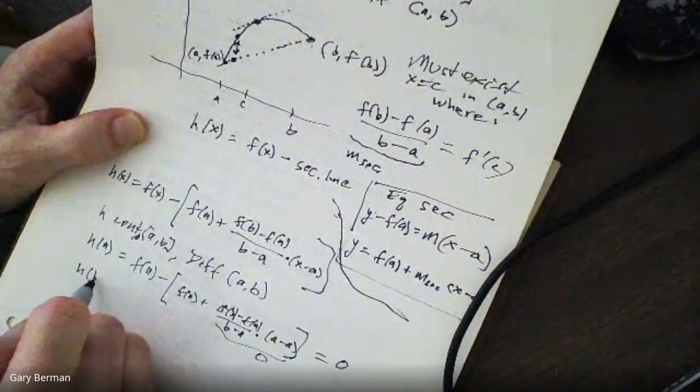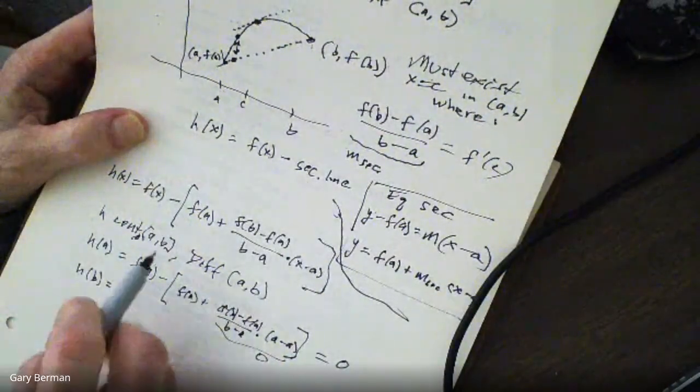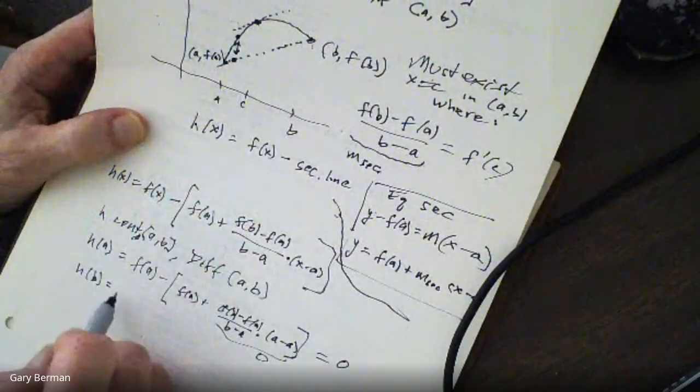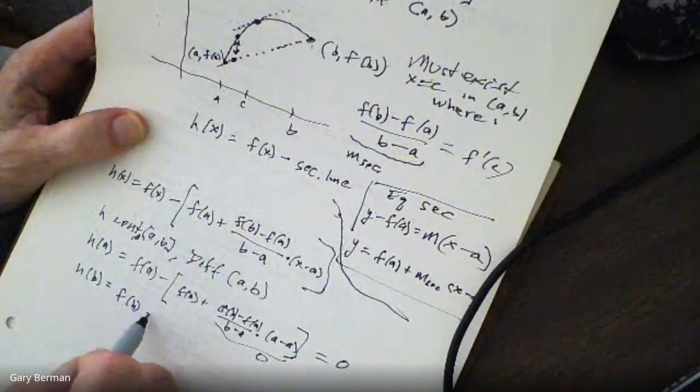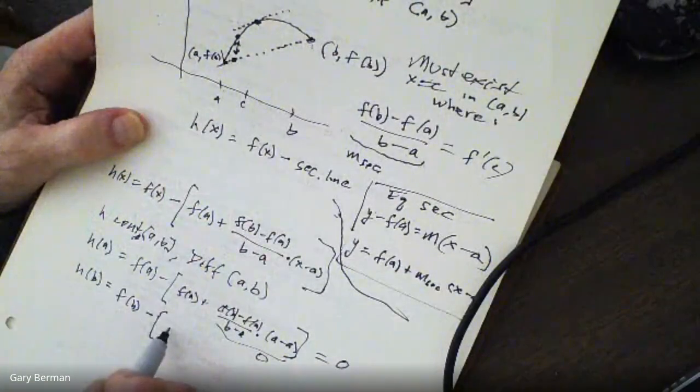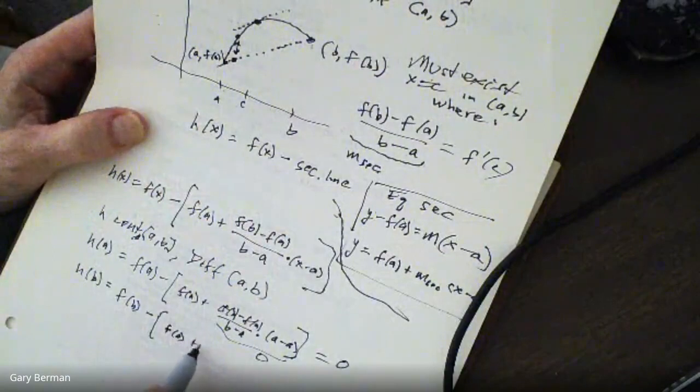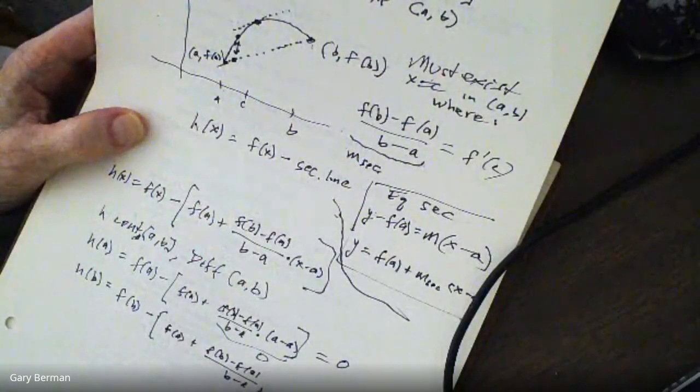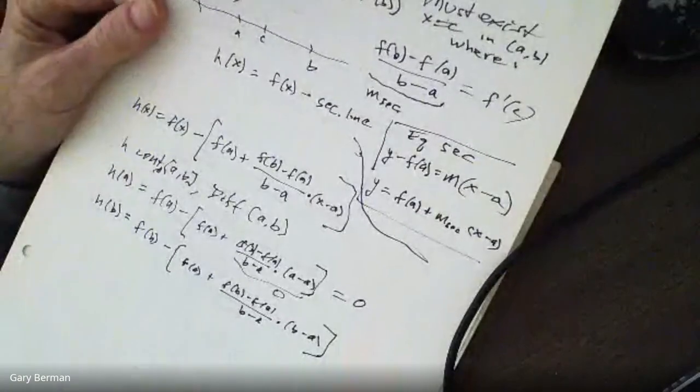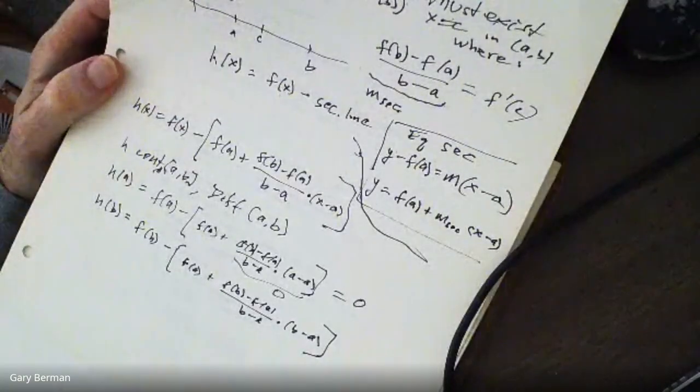Now let's look at h of b. H of b, just plugging it in, is going to be f of b minus parenthesis f of a plus (f of b minus f of a) over (b minus a) times (b minus a). I'm just plugging x equals b into the formula for h of x.